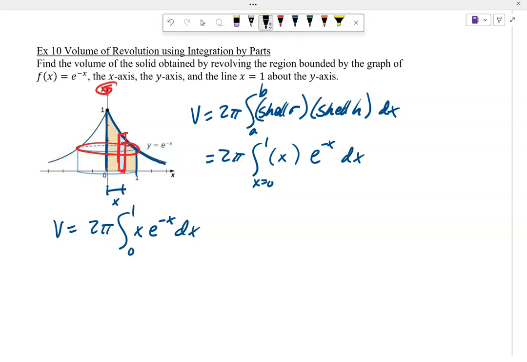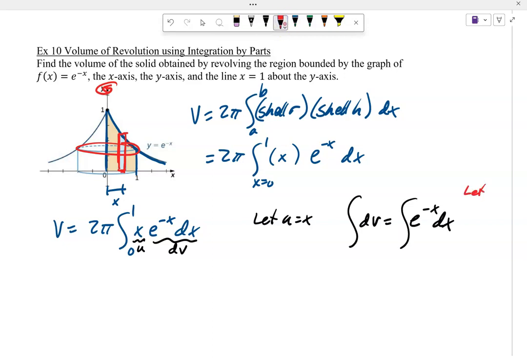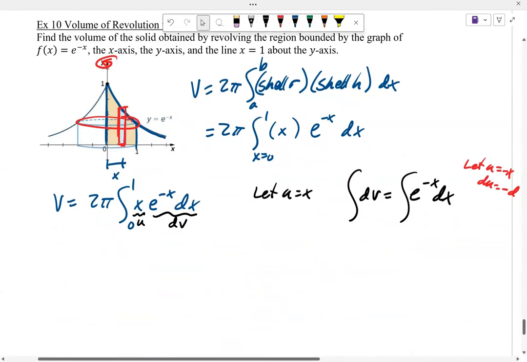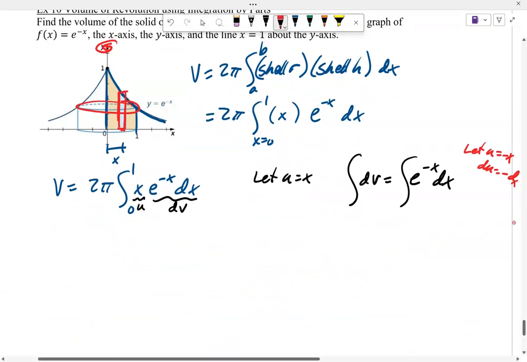And so we're going to go ahead and let dv be that e to the negative x, and we're going to let u be x. Now, in order to integrate this, you're going to have to let u be negative x. So du is negative dx. Oh gosh, what did I do? du is negative dx.